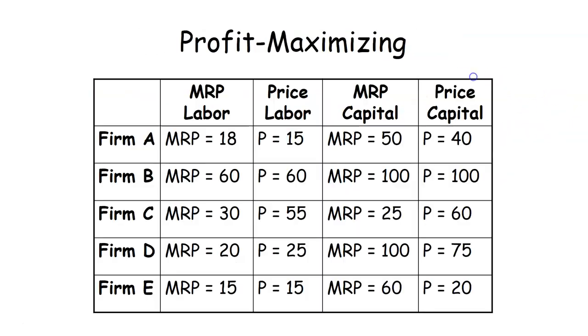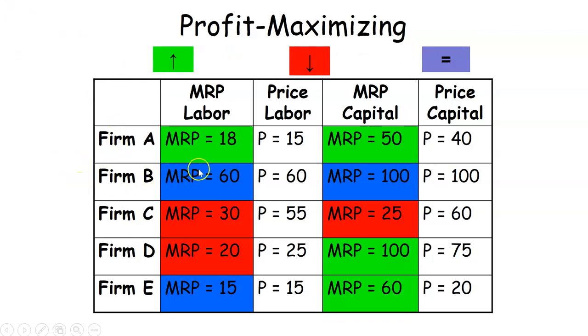So we again have 5 firms here, and the marginal revenue product of labor is in the first column, price of labor is in the second column, the MRP of capital is in the third column, and the price of capital is in the fourth column. All right, so for these examples, we need to divide 18 by 15 and compare that to 50 over 40.